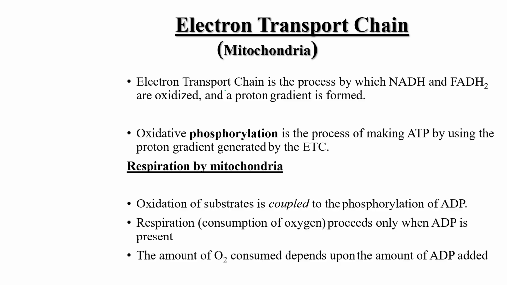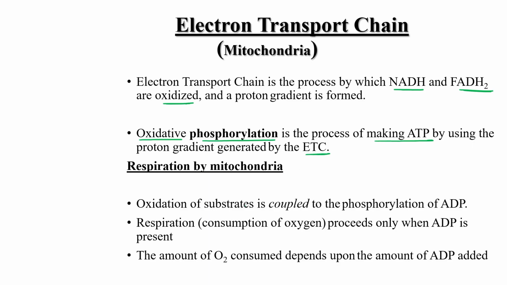Now, the electron transport chain. This is a process by which the NADH and FADH2 generated during the Krebs cycle are oxidized and a proton gradient is formed. Oxidative phosphorylation is also a part of this; it is the process of making ATP by using the proton gradient generated by the electron transport chain.